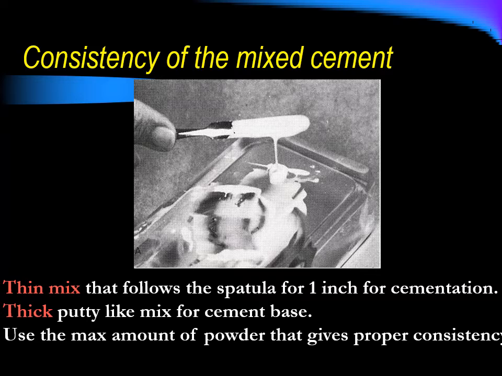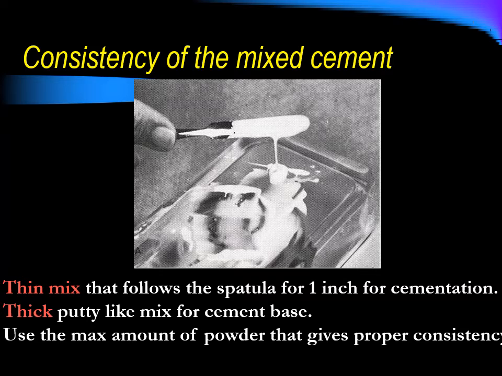We reach a thin consistency when we want to use it as a luting agent. We know that we reach the proper consistency when we lift the spatula with the cement, and the cement follows the spatula for about 1 inch.